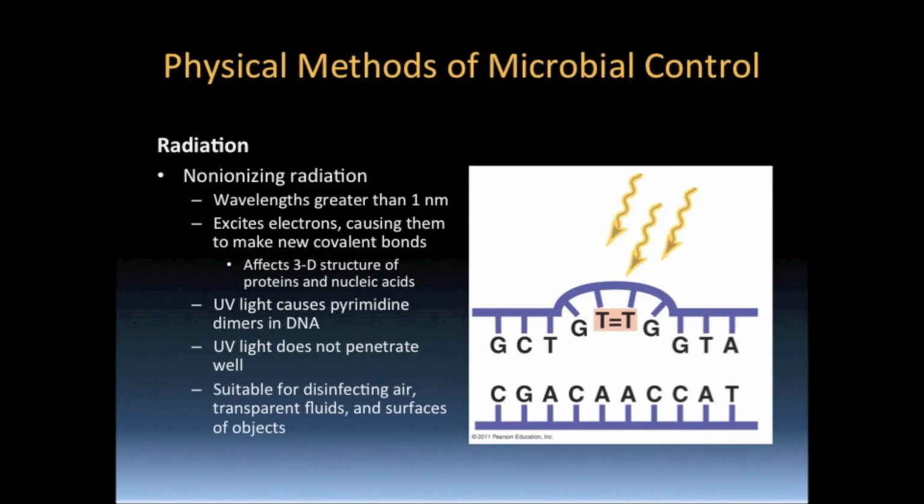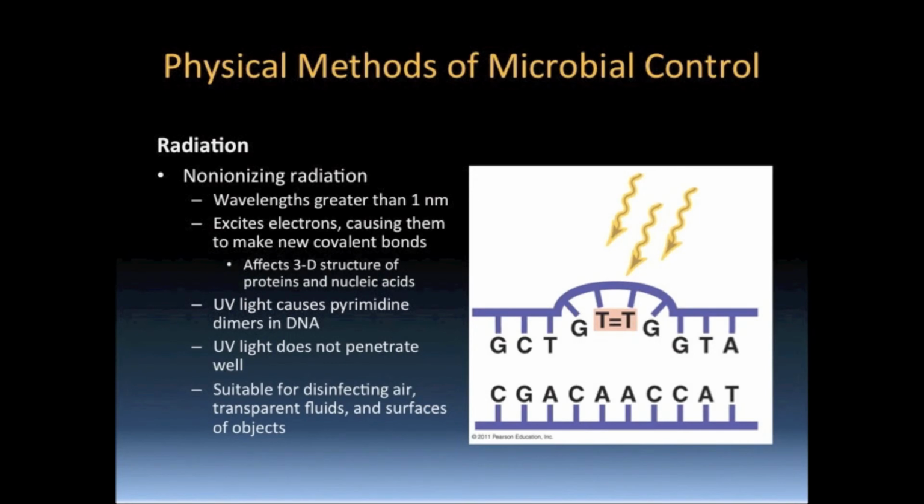While UV light is microbicidal, it is limited in its use because of its poor penetration. UV light does not have sufficient energy to pass through materials such as glass, metal, cloth, plastic, or paper. Microorganisms are killed only when they are directly exposed to the rays. Because of its poor penetration, UV light, or non-ionizing radiation, is only used as a form of disinfection.